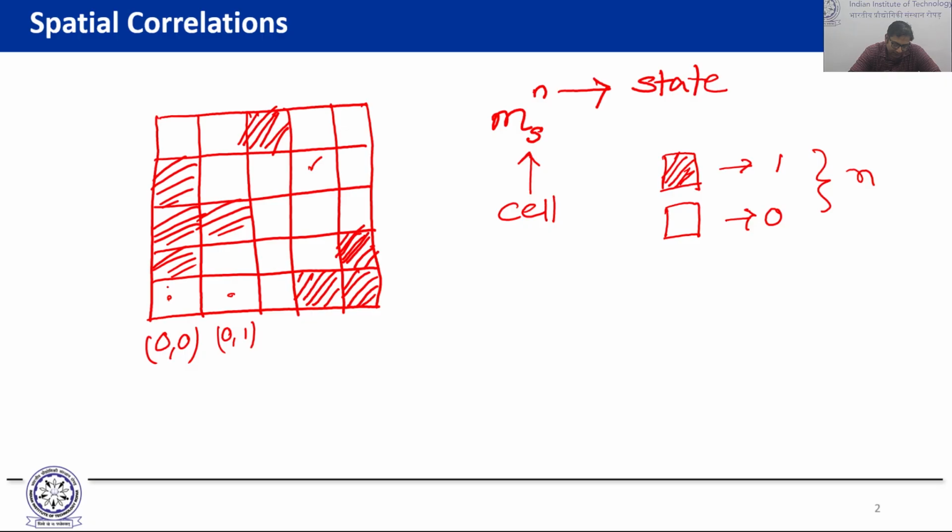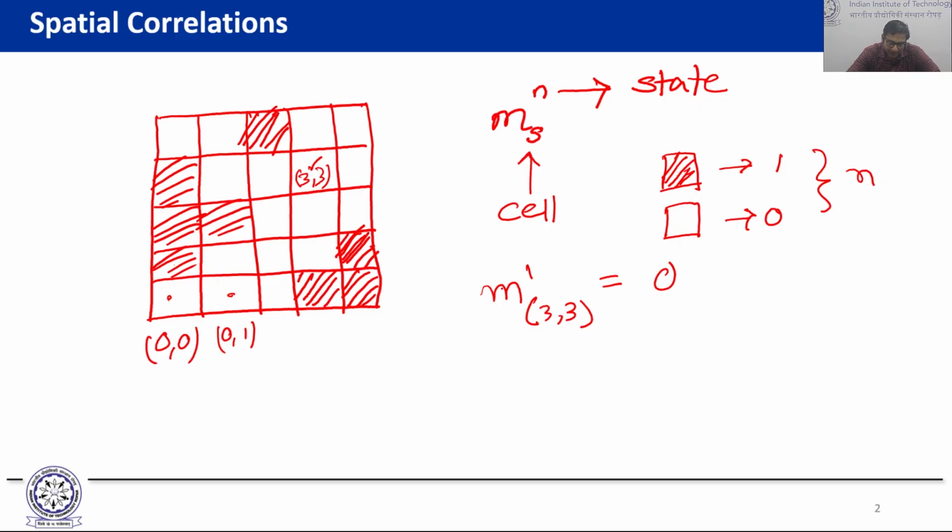In order to reach here, I have to go 1, 2, 3 on the y, and similarly 1, 2 and 3 on the x. So in this case, what I would write is m1 of 3, 3 is going to be 0, because this particular cell is an empty cell. This is not a filled cell.